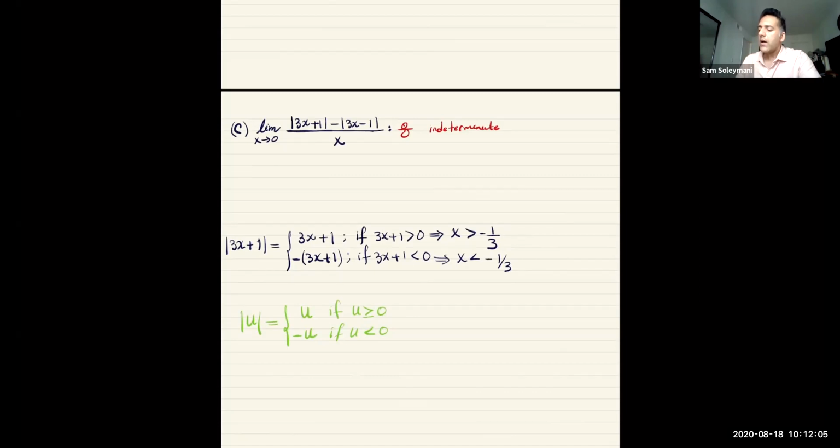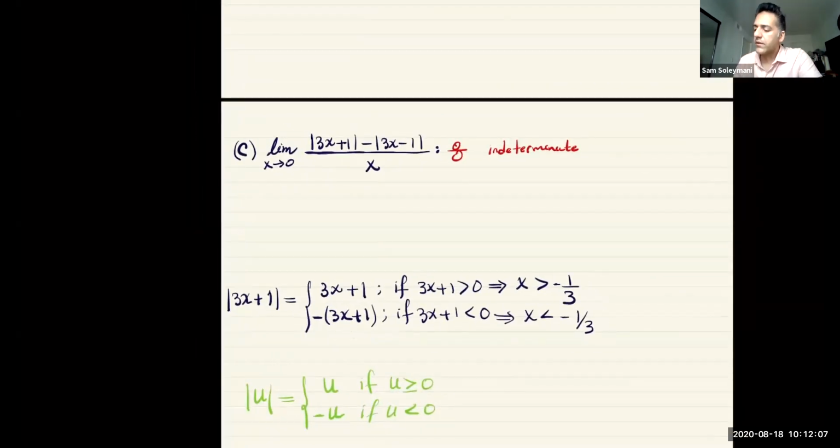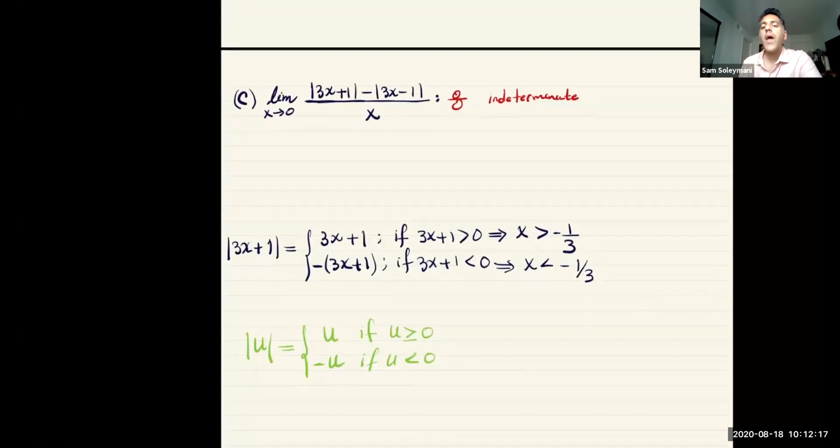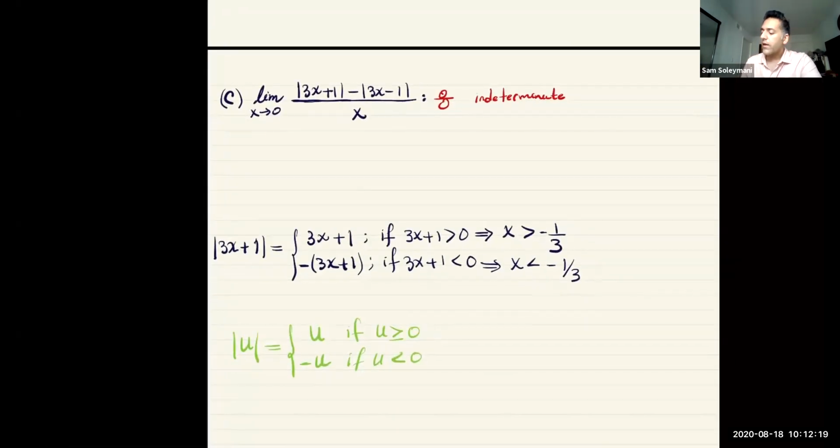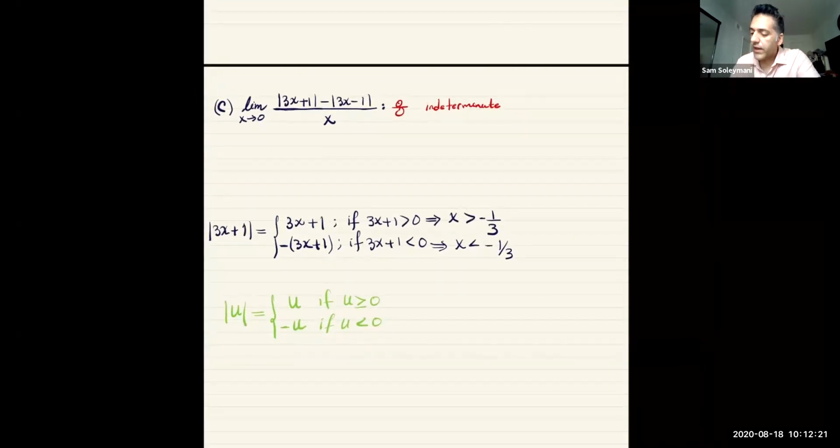Okay, now let's pay attention to this limit. X is going to 0. So you ask yourself, hey, where is 0? Look at the first piece. First piece is from negative 1/3. This is negative 1/3 going to infinity.